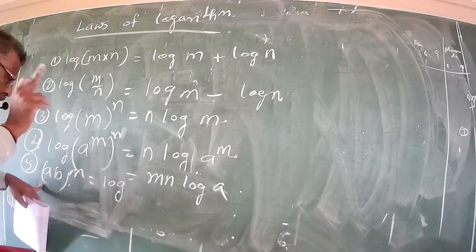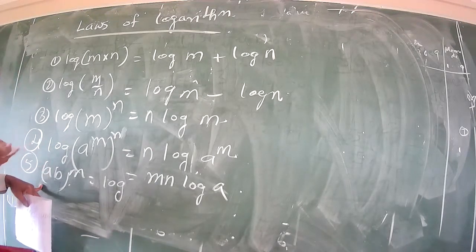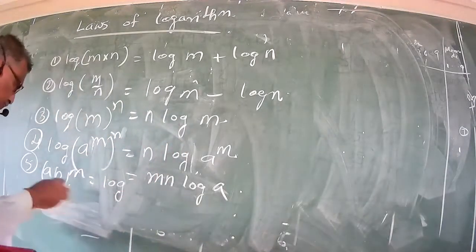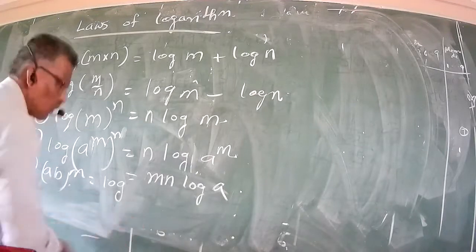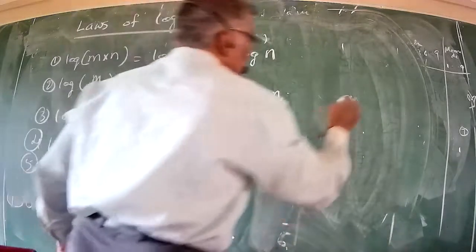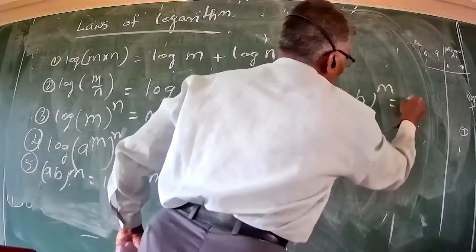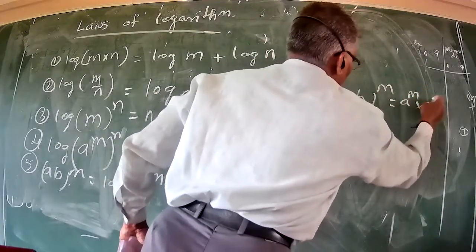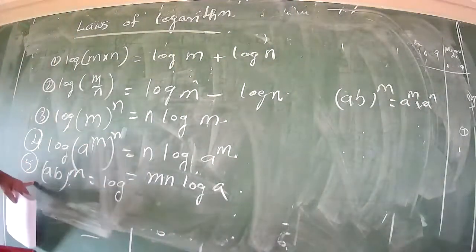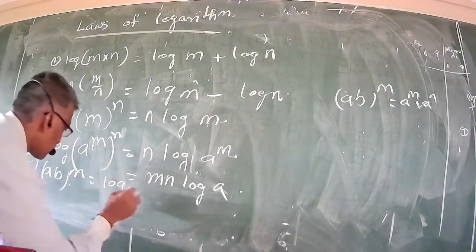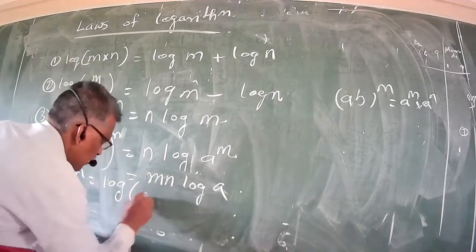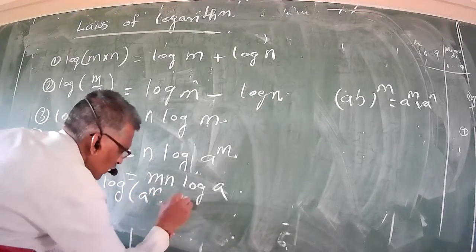According to the indices and surds, which I think you might have learned at the PUC level, ab whole raised to m equals a raised to m into b raised to m. So that gives log of a raised to m into a raised to n.